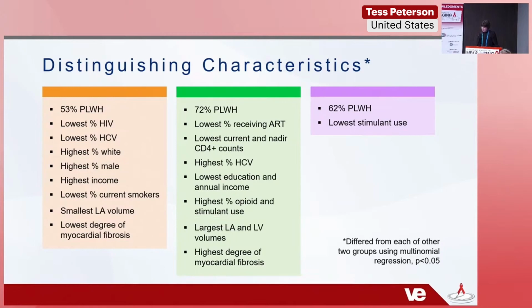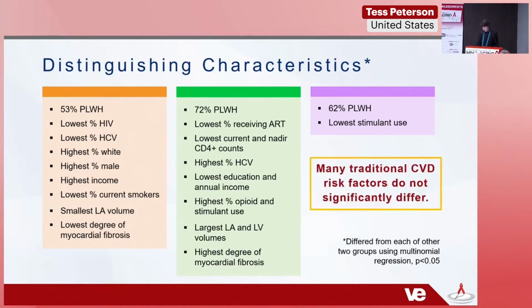And then the pink cluster is sort of landing somewhere in between, with the only distinguishing characteristic being lowest reported stimulant use. Something I think is important here is that many traditional cardiovascular risk factors are not significantly differing between groups. So I think that suggests that perhaps we're capturing something with the proteome that goes beyond traditional risk factors while still associating strongly with clinically meaningful cardiac phenotypes.